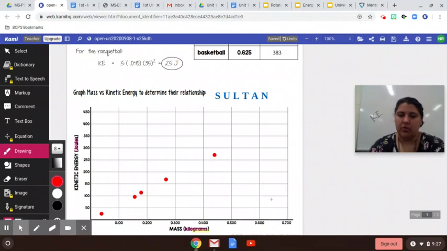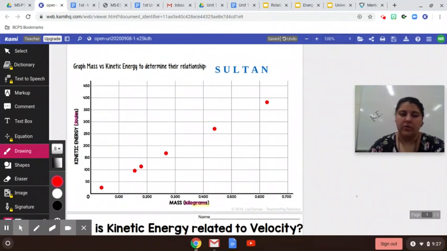So we're going to go all the way up to 350. Okay, and it's going to be a little bit over halfway, because the halfway point between 350 and 400 would be 375. We want 383. So I'm going to go right about here with my point. Okay, so that was all we have to do.